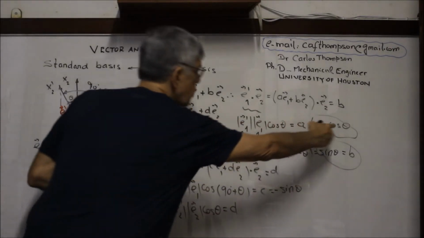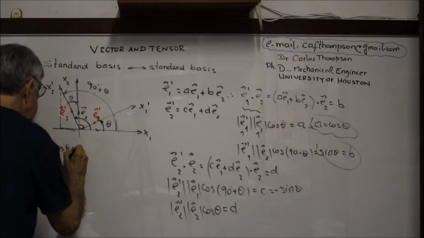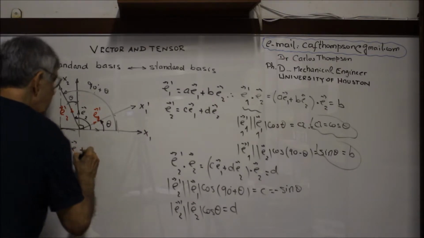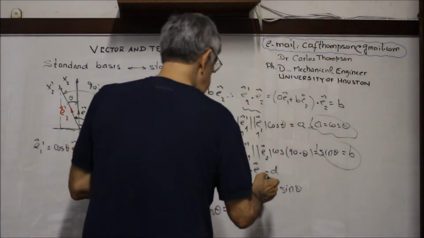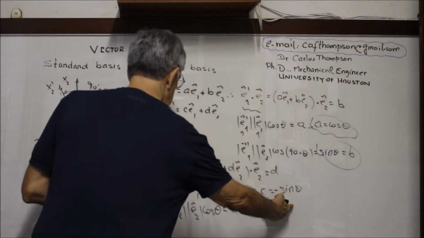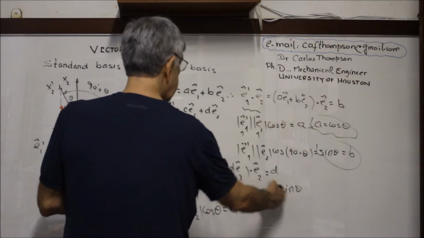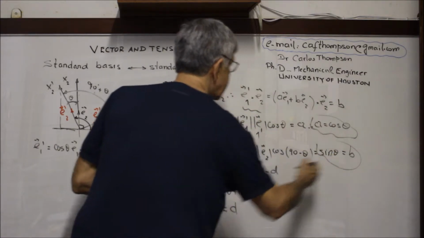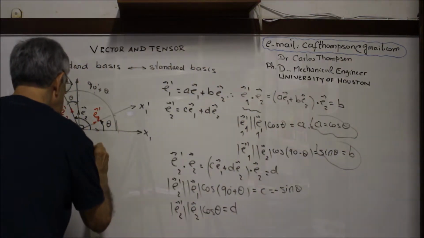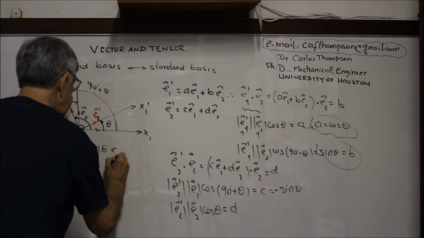A is cosine of theta, cosine of theta E1 plus B, I'm sorry, B is sine of theta, plus sine of theta E2.